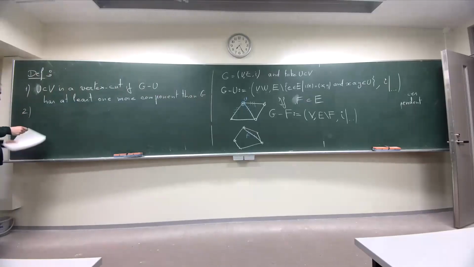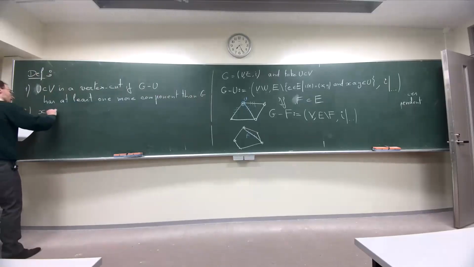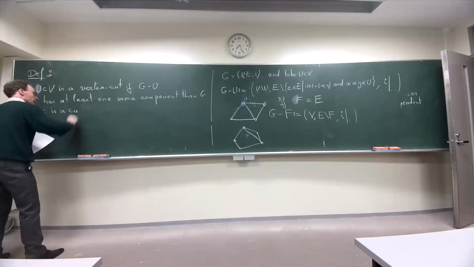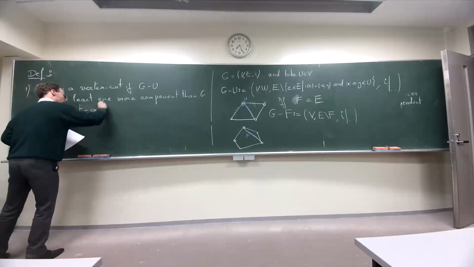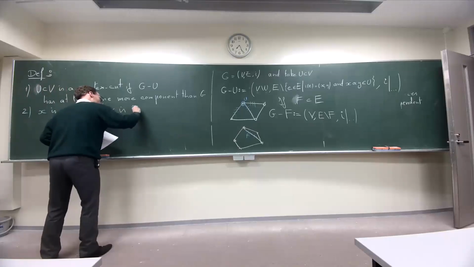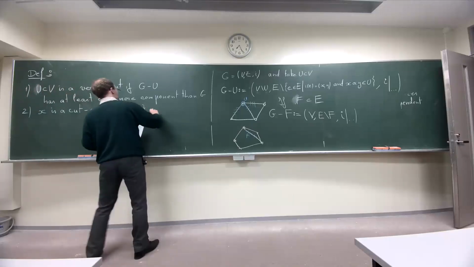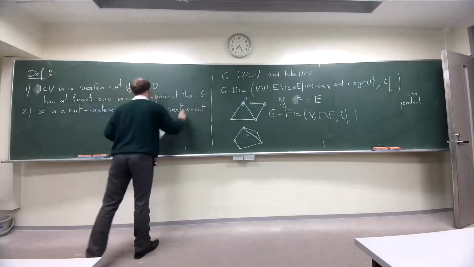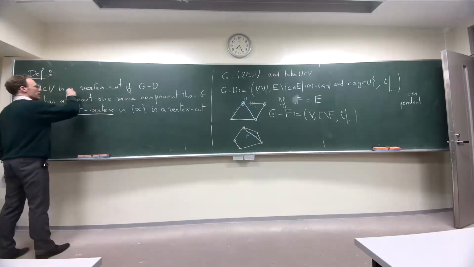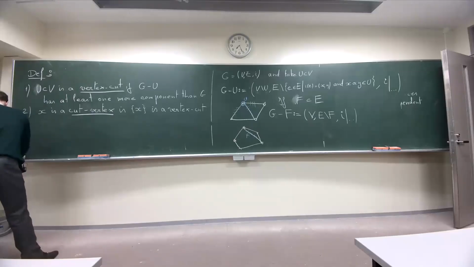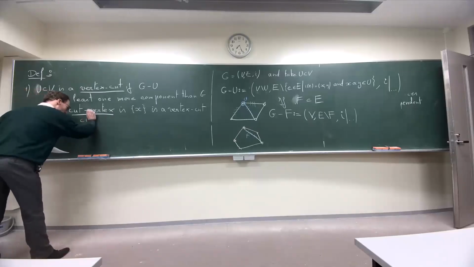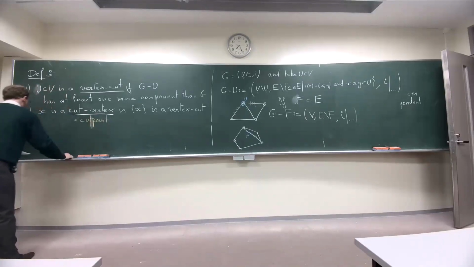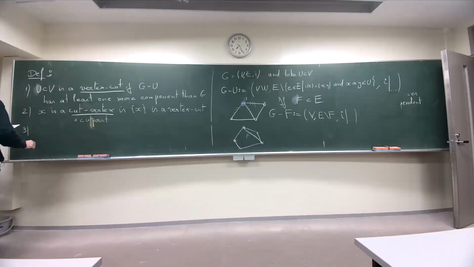Let me, there are 4 lines. Number 2: X is a cut vertex if the point X is a vertex cut. Try to understand this definition by yourself. Cut vertex, vertex cut, and the cut vertex is also called a cut point. And number 3, I do the same with edges.